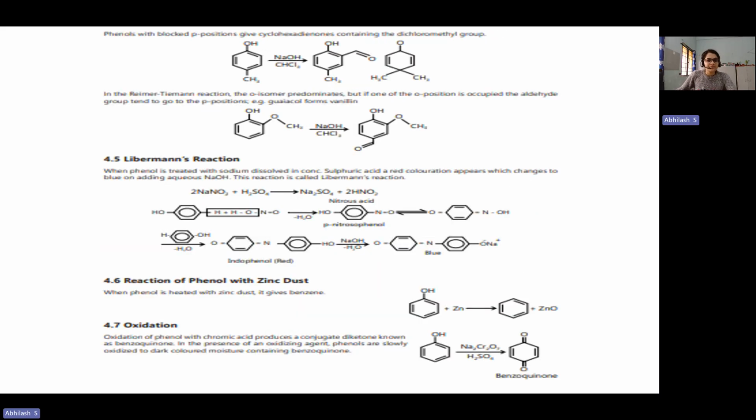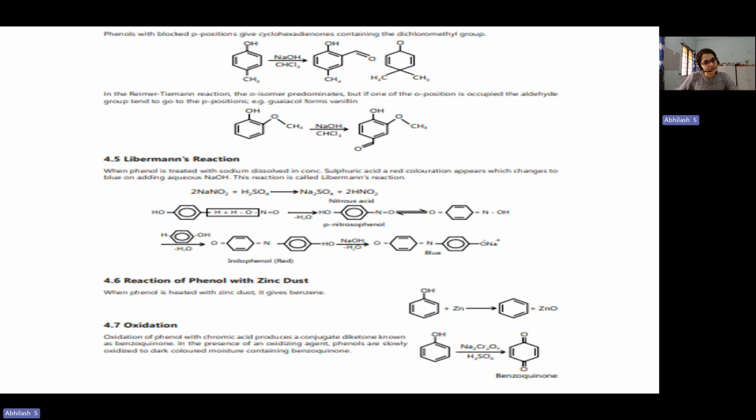And if there is a substitution at the para position, what reaction will take place? When phenol has a substituent in the para position and reacts with sodium hydroxide and chloroform, it leads to the formation of cyclohexadienones. Here you can see the cyclohexadienones.